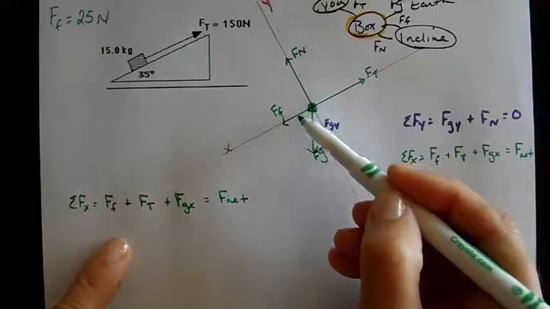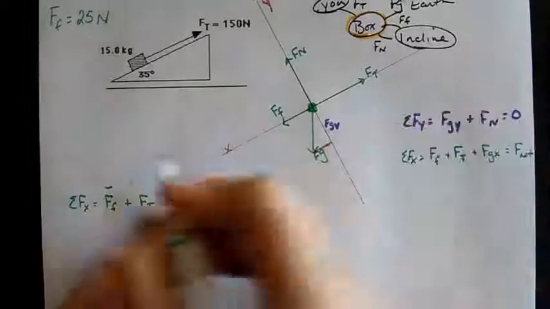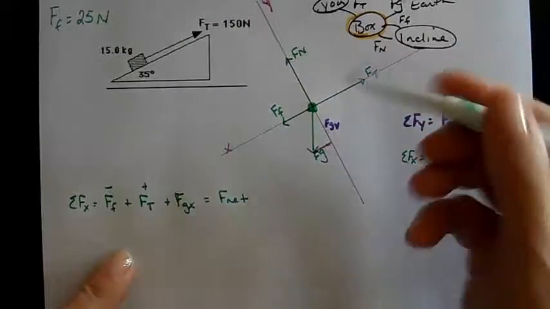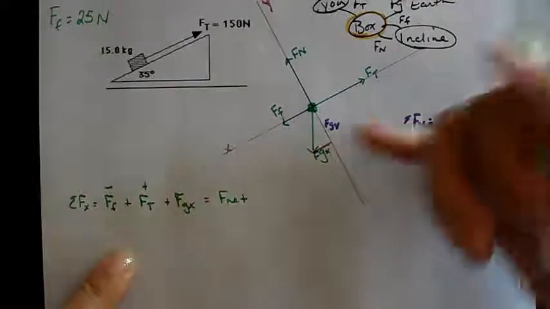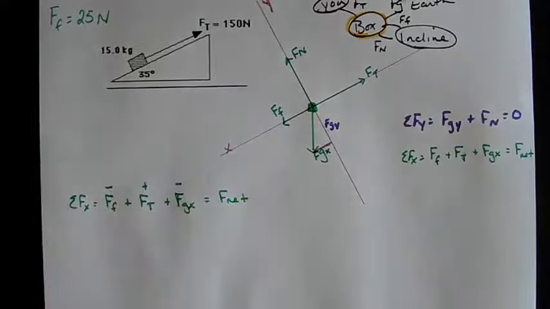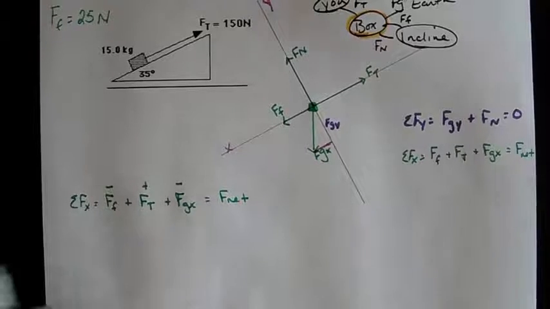Our friction force is going this way, so this is going to be a negative. Our tension force is going this way, so it's going to be a positive. Our x component of gravity is going this way, so it's going to be a negative as well. All right, this is a really nice thing to do to help you keep those signs straight, because those signs are going to be important.